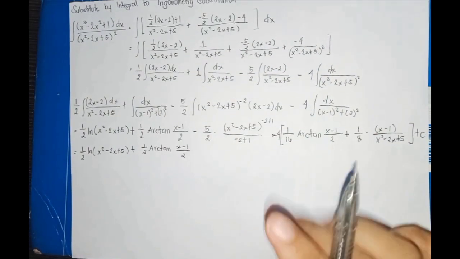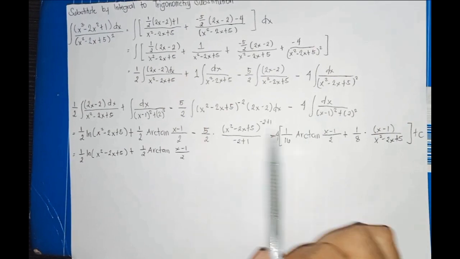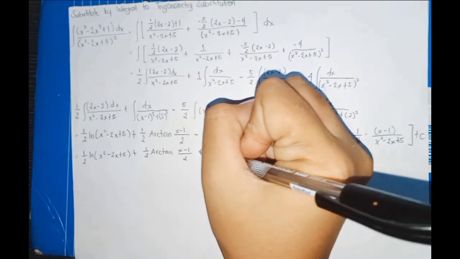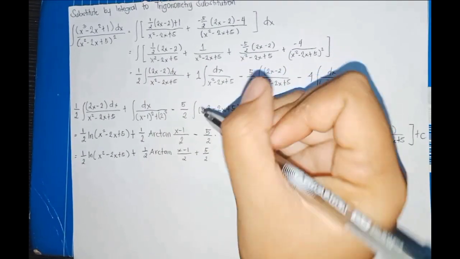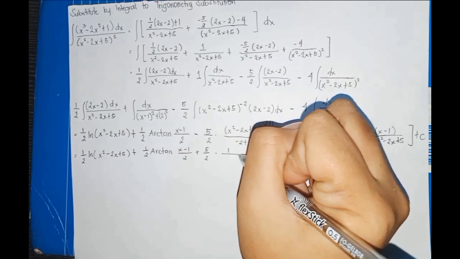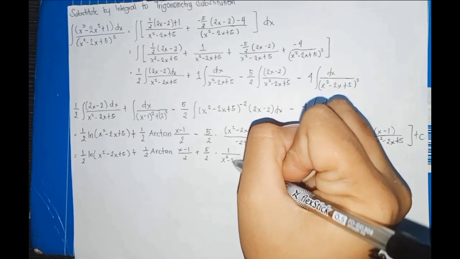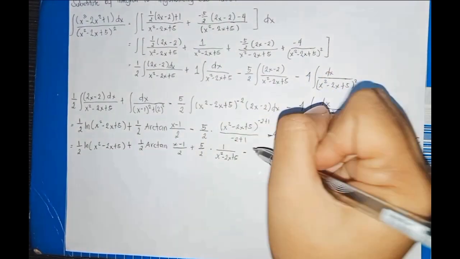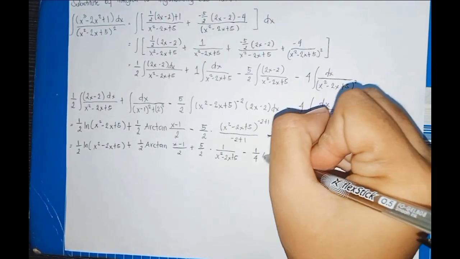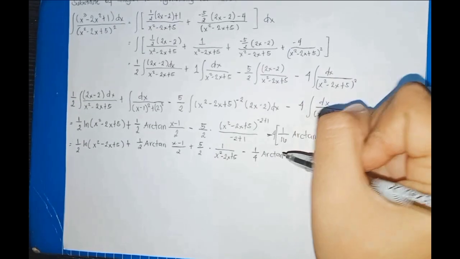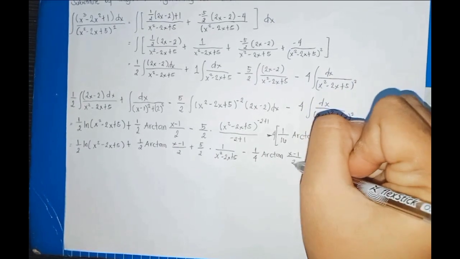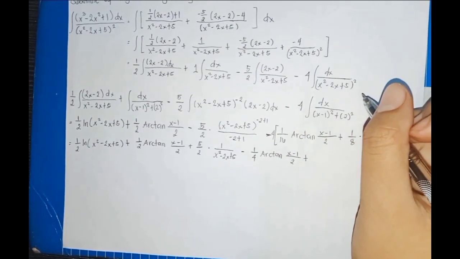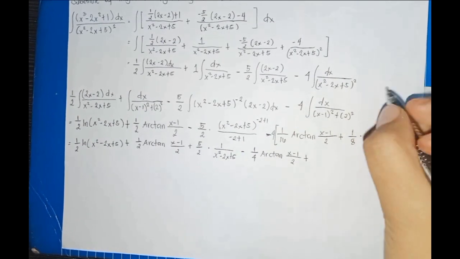So starting from here, the sign will change, so it will become plus 5/2 times 1 over x squared minus 2x plus 5 minus 1/4 arctan x minus 1 all over 2 plus 1/2 here.